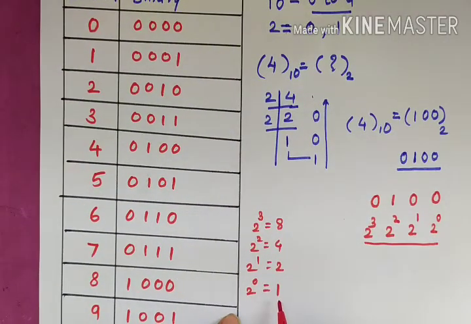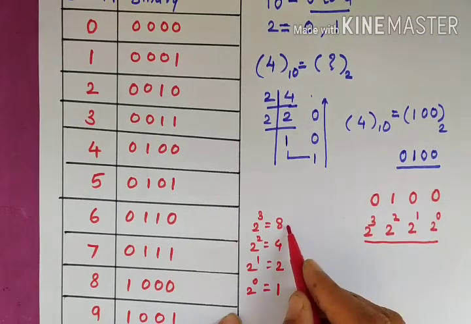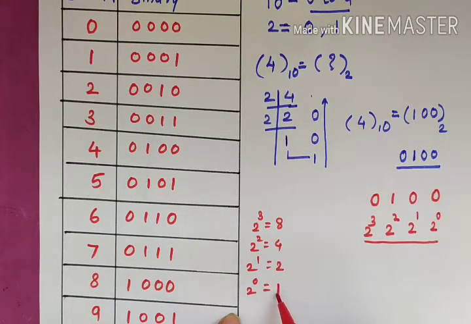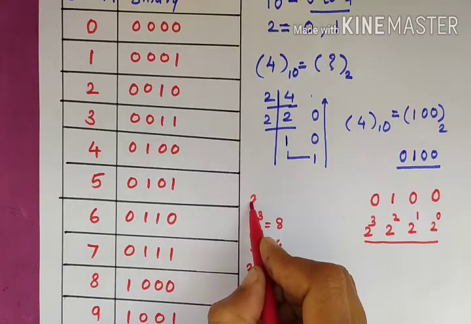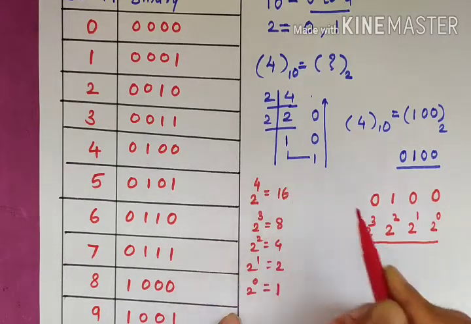Now you can see this code: 1 plus 1 is 2, 2 plus 2 is 4, 4 plus 4 is 8. If you have to increase this 4 bit to 5 bit, then just increase the power, 2 raised to 4, then 8 plus 8 is 16.